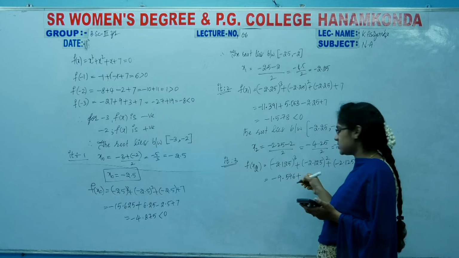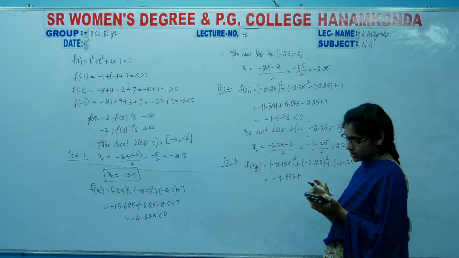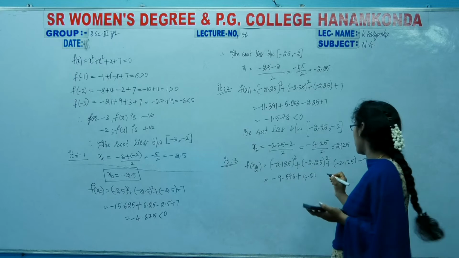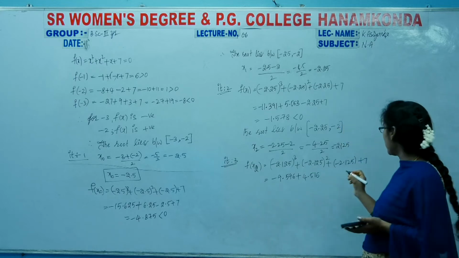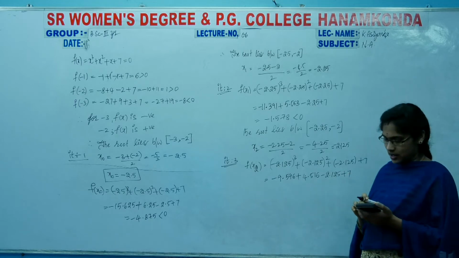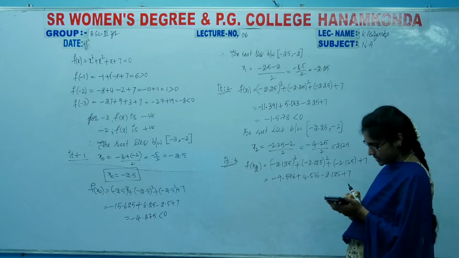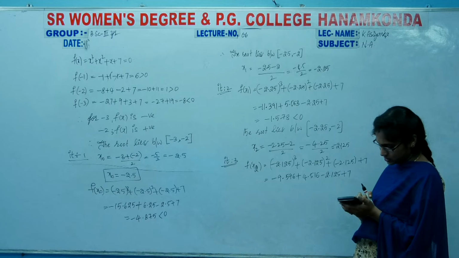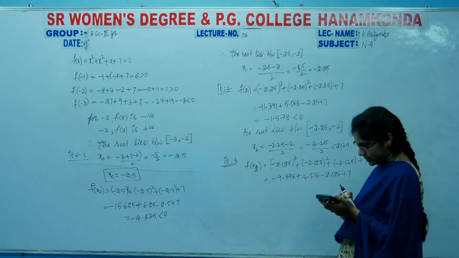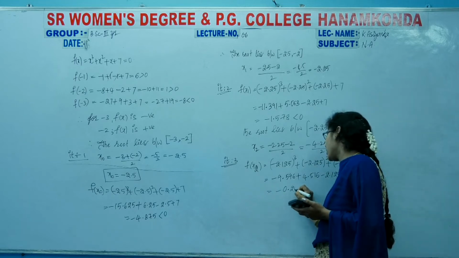Next plus 2.125 whole square, it is 4.5156, so I am taking that as 516. Next minus 2.125 plus 7. Now we have to take minus 9.596 plus 4.516 minus 2.125 plus 7. So finally the answer is minus 0.205.